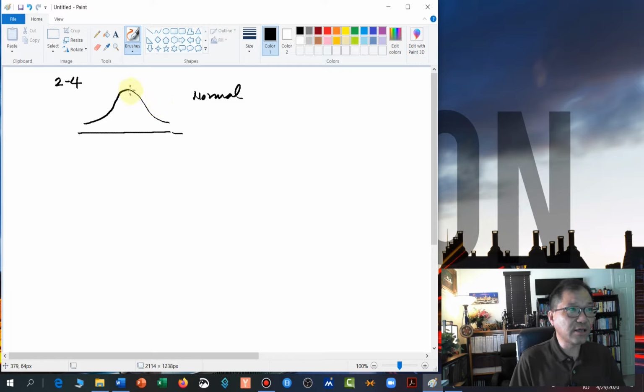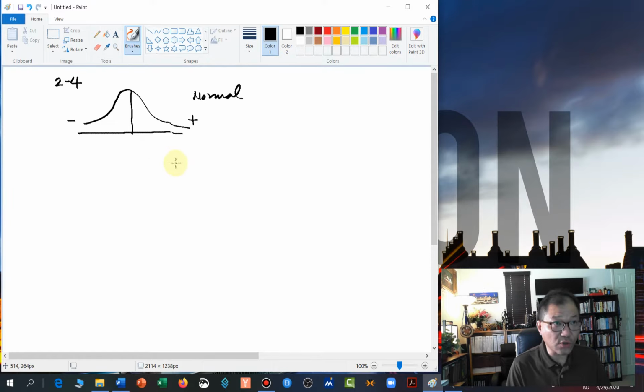That has a middle section with a lot of cases, and a few cases on either left or right side. That's a normal distribution. So if you look at concept number 2-4 in your class note, you can see normal distribution.